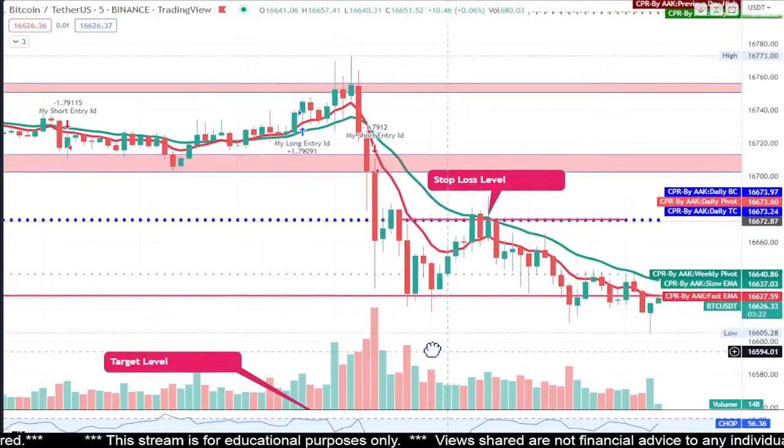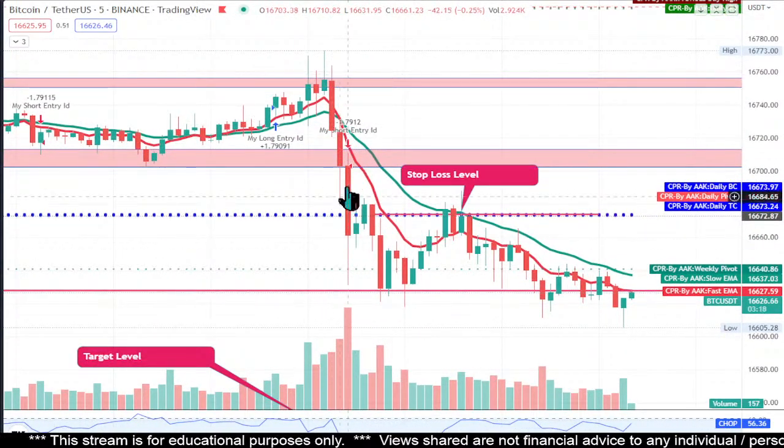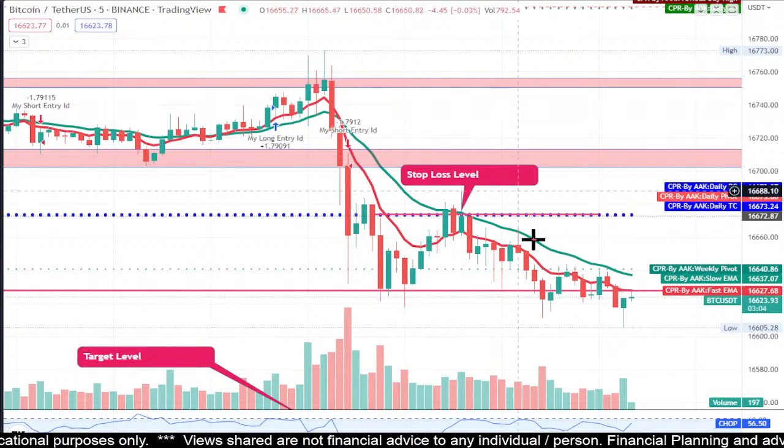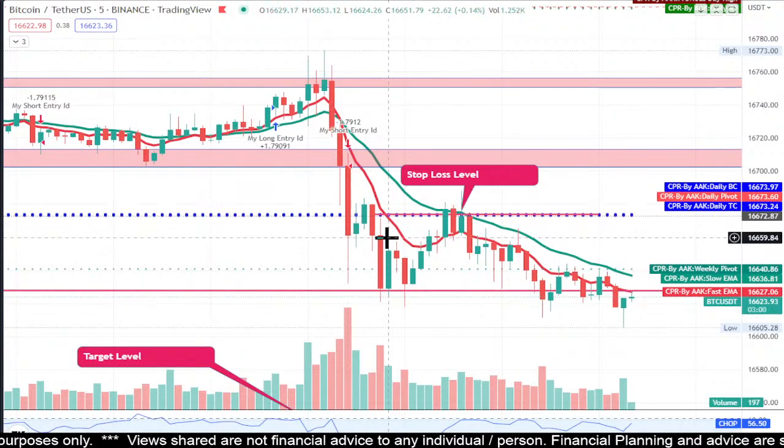I started my streaming somewhere here when the market was giving this particular trending move, and I always have a habit: whenever I start looking at the chart, I never try to enter a trade until I am synchronized with the movement of the chart.